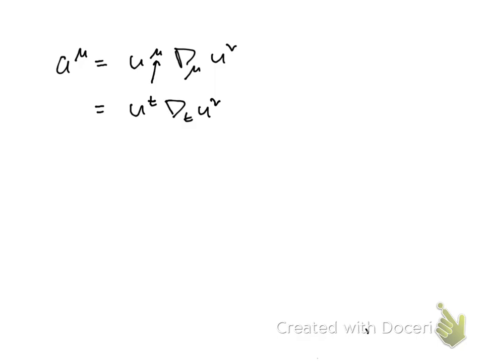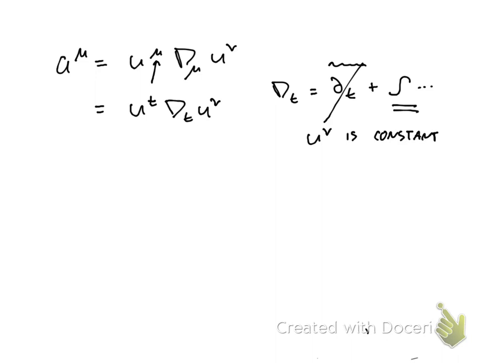Now we know what u^t is from the previous slide. What is ∇_t? Well, ∇_t is ∂_t plus something involving the Christoffel symbol. But the ∂_t part does not contribute because u^μ is also constant. Remember, the rocket is hovering, it's not changing. The partial part in the covariant derivative does not contribute at all. It is only the Christoffel symbol part that contributes.